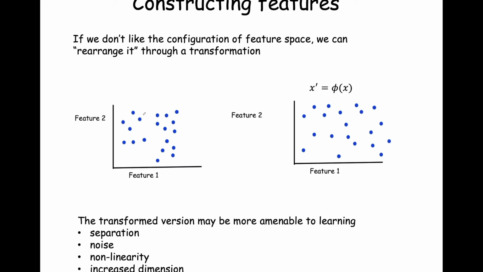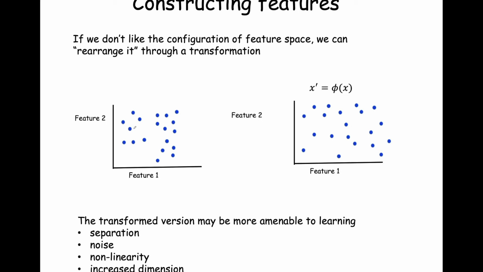We call that the geometry of the point cloud in feature space. Sometimes you don't like the configuration of feature space, the geometry among the points. Maybe it's too difficult to find a function that will separate the points from one another. You can rearrange the geometry of the feature space through some transformation that we call a phi function.